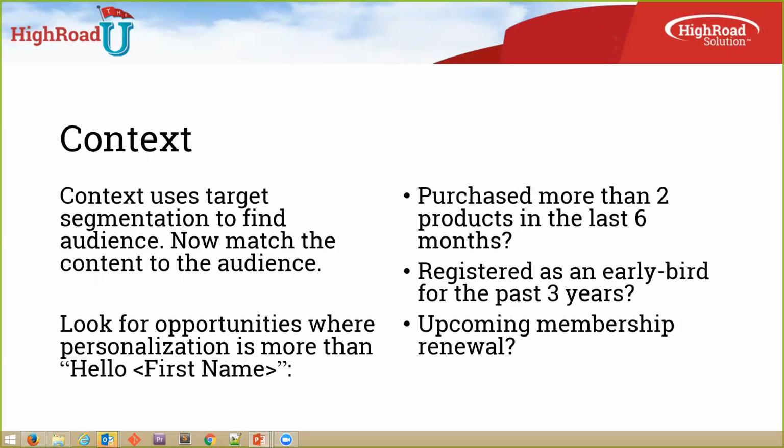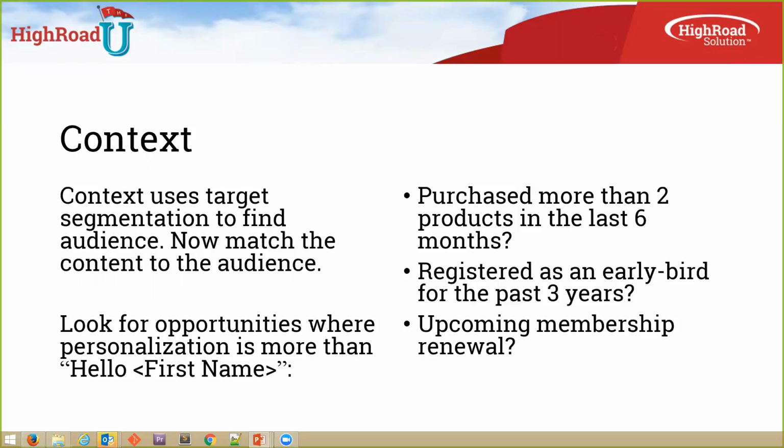Some other ideas too is that you're now leveraging your target segmentation methodologies and pairing that with some contextual content. When you're doing personalization, you're going beyond what people typically do, which is just saying, hi, Adam, or hi, first name.